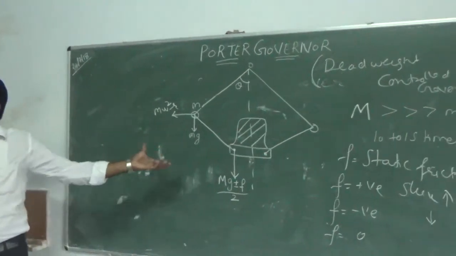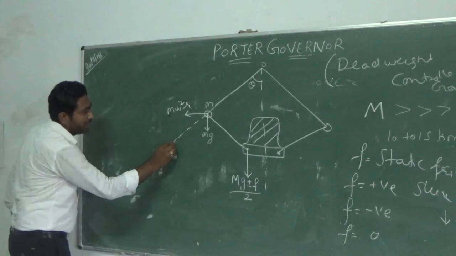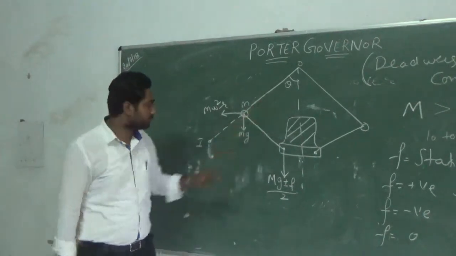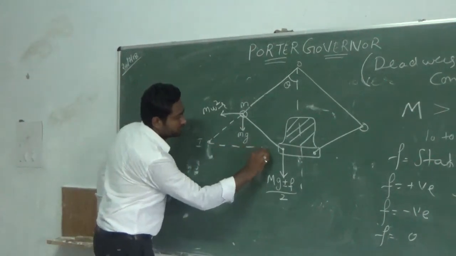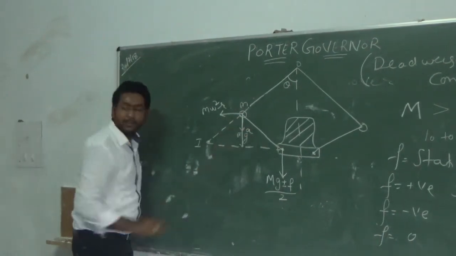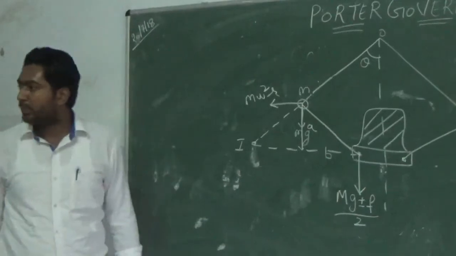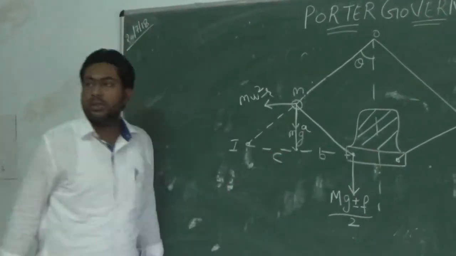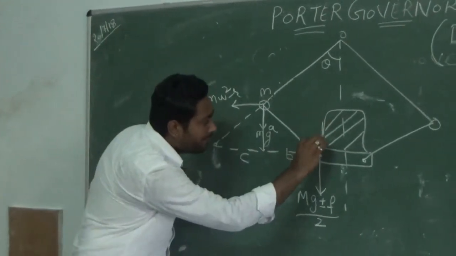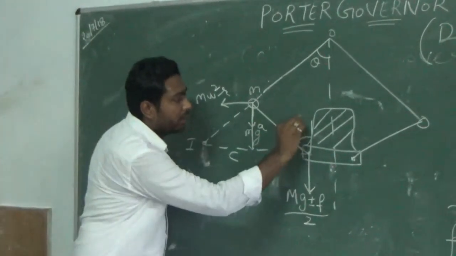So take the instantaneous center method. I, instantaneous center, extension of R. So this vertical distance we take A, this horizontal half distance we take B, and this horizontal distance we take C. Got it? The angle of inclination of link is beta.